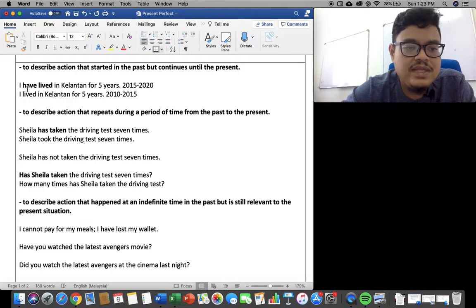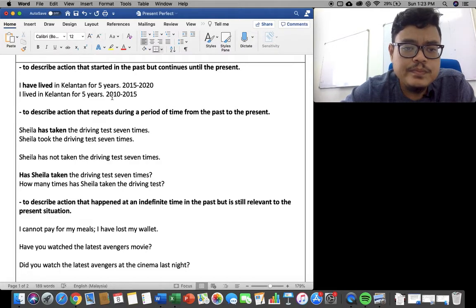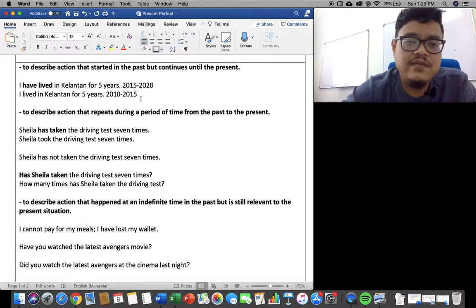The main difference is the tense, right? I lived in Kelantan is in the past tense. So if you use this, it would carry the meaning of now you don't live in Kelantan anymore. So the year could be from 2010 until 2015 or 2012 until 2017. But in 2020, you are not in Kelantan anymore.